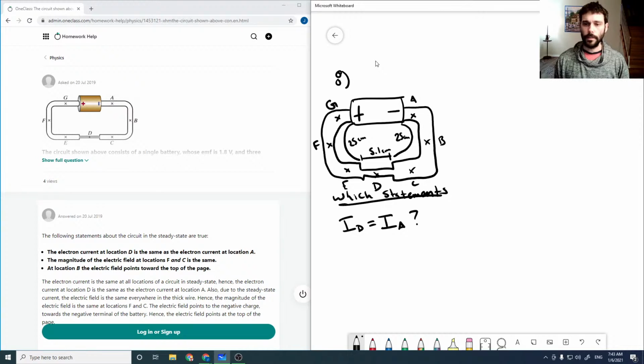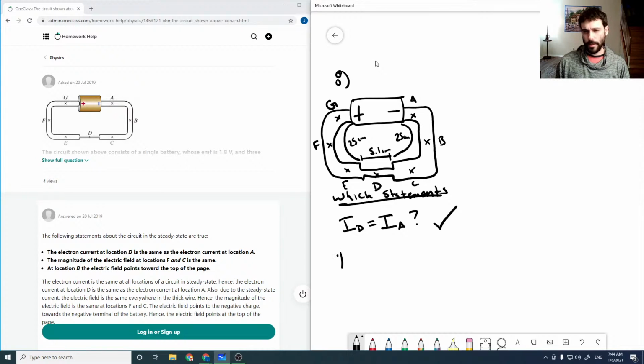And in a steady state circuit, that is correct. So the current is the same everywhere, unless there's a split. But in a one-way circuit, the current will be the same everywhere. And even if there's a split, the current just splits. The current going into the split is equal to the sum of the currents.